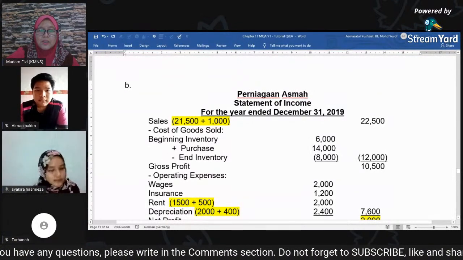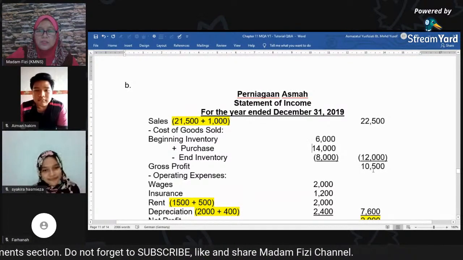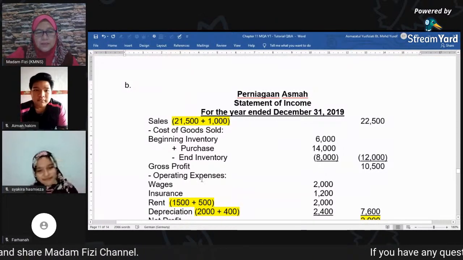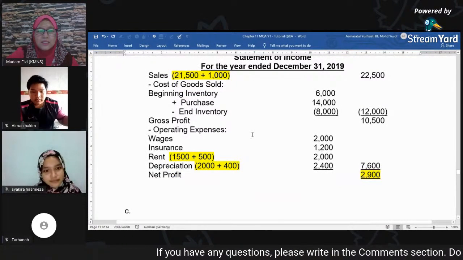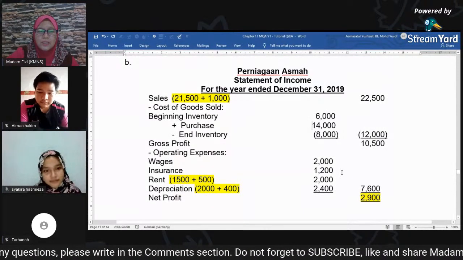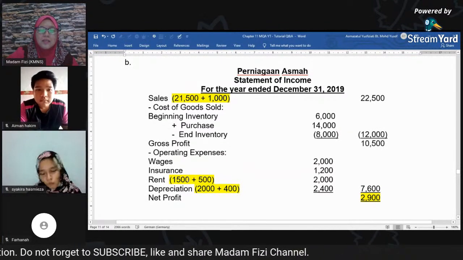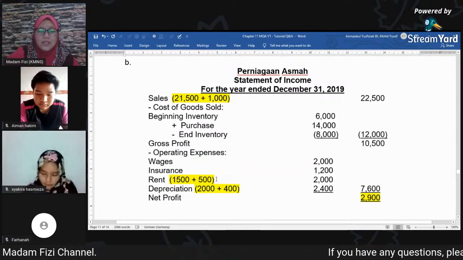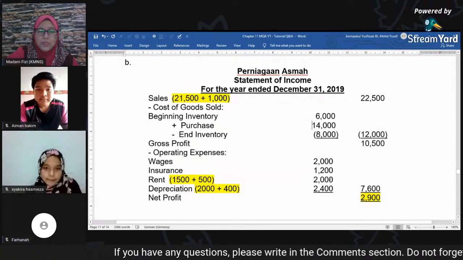So gross profit is sales minus cost of goods sold, is 10,500. Okay, now operating expenses. Operating expenses is wages 2,000, insurance 1,200 and rent. Okay, macam mana dapat rent? Is 1,500 plus 500. This one we can get from the questions. So equals to 2,000.